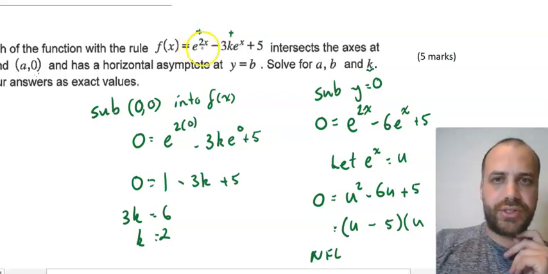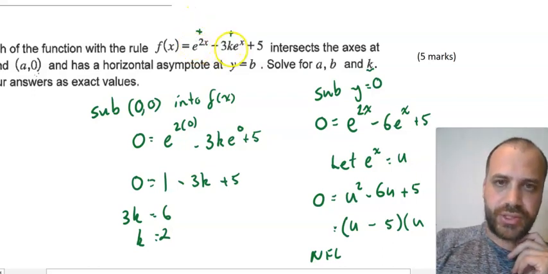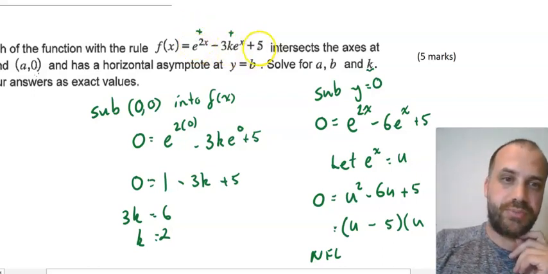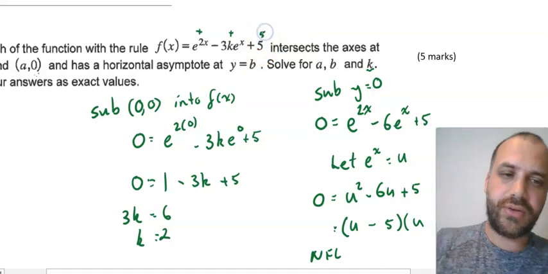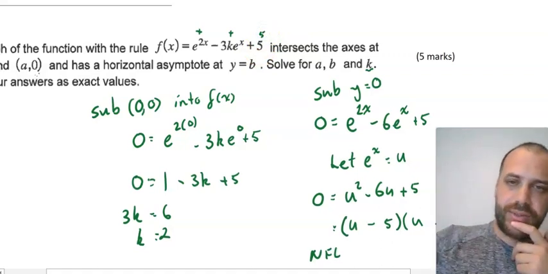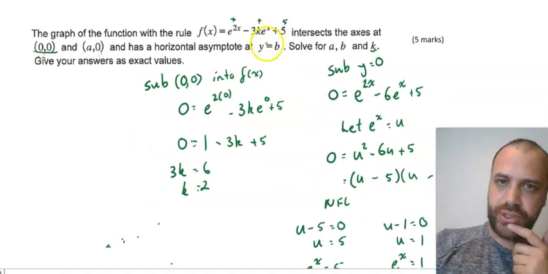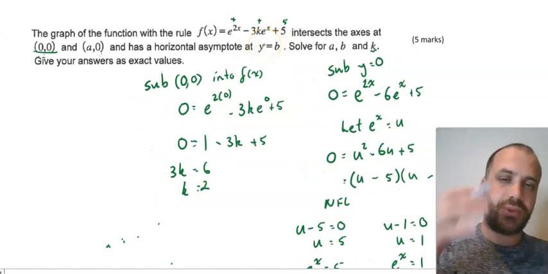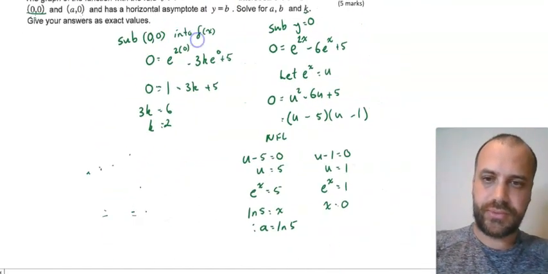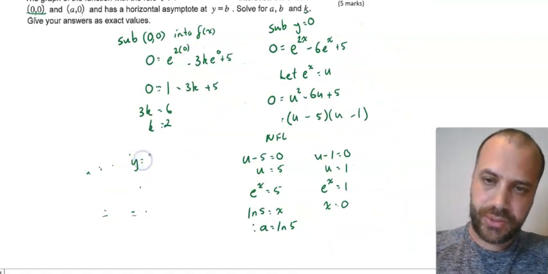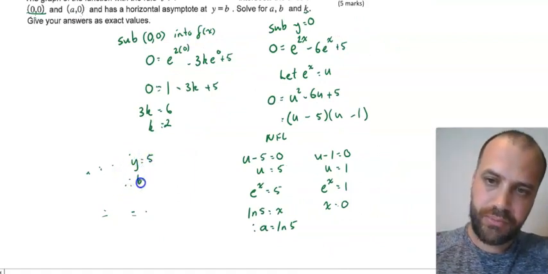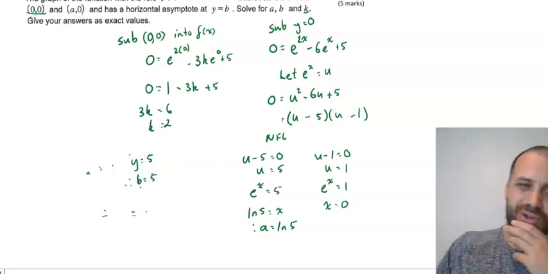So, very close to 0, and of course, this bit is always 5. Our asymptote here is y equals 5, therefore b is equal to 5.